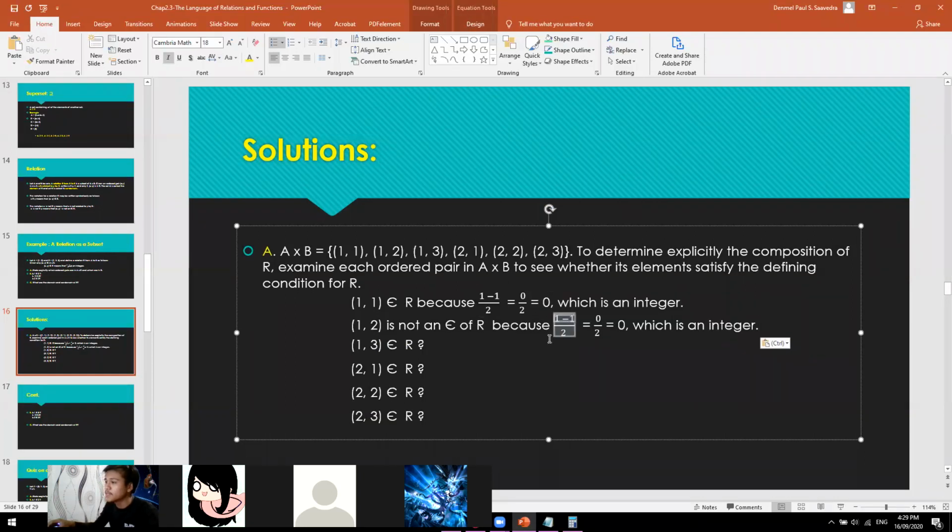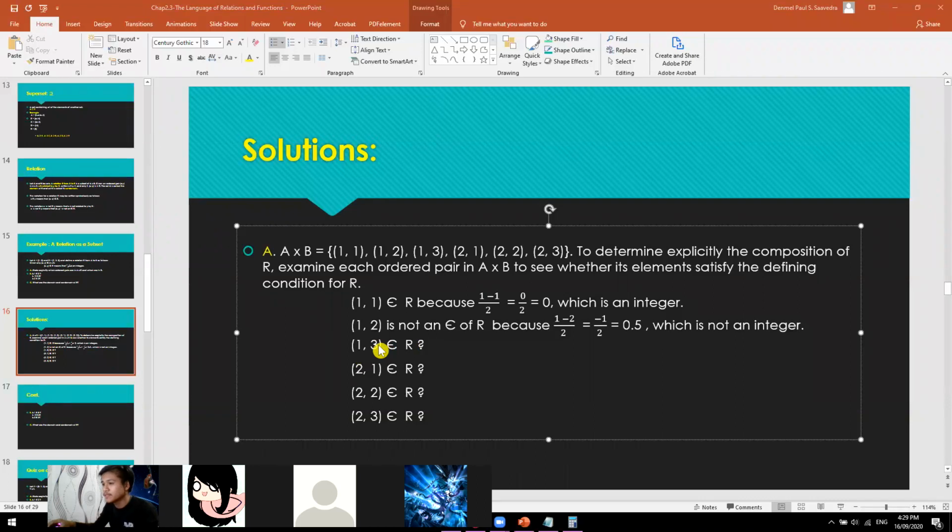So 1 minus 2 is equal to negative 1. Negative 1 divided by 2, which is equal to negative 0.5. Okay, which is not an integer. Okay. How about the third one?